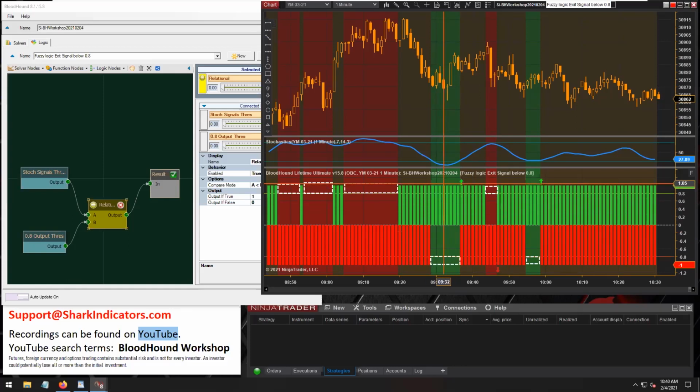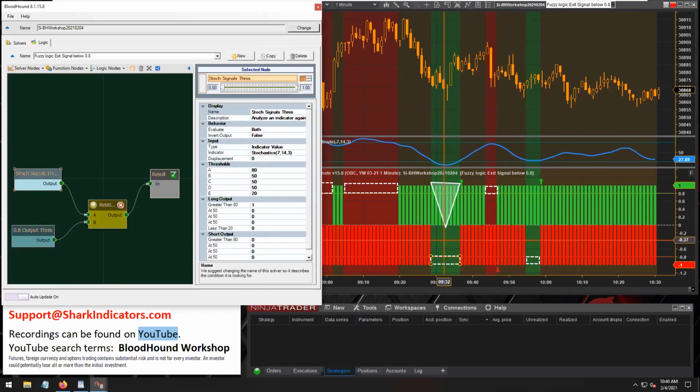So we need to get rid of, let me mark this, I like to use a triangle, these long signals here so that these exit signals don't interfere with our entry signals.